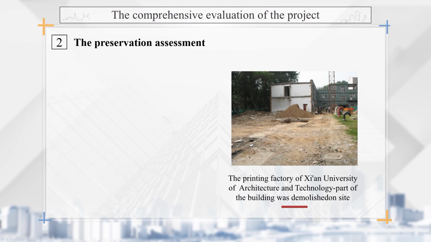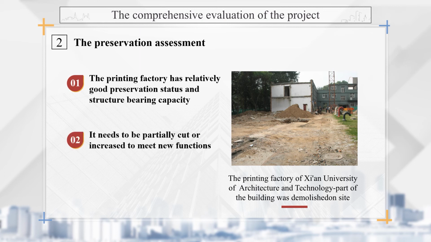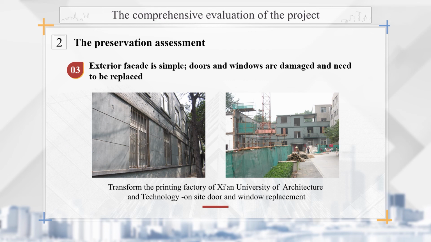The second assessment is about the preservation assessment. The printing factory has relatively good preservation status and structure bearing capacity, but it needs to be partially cut and increased to meet new functions. Exterior facade is simple, doors and windows are damaged and need to be replaced.